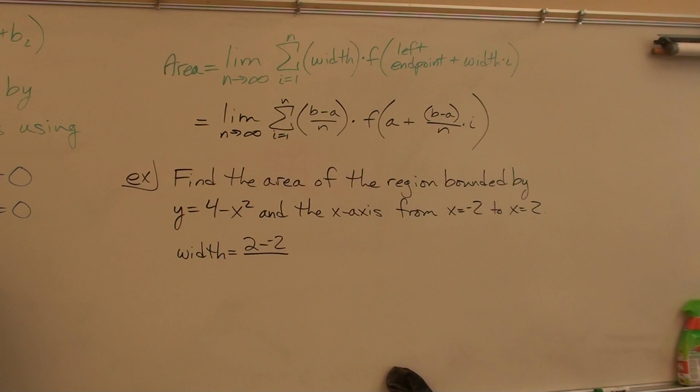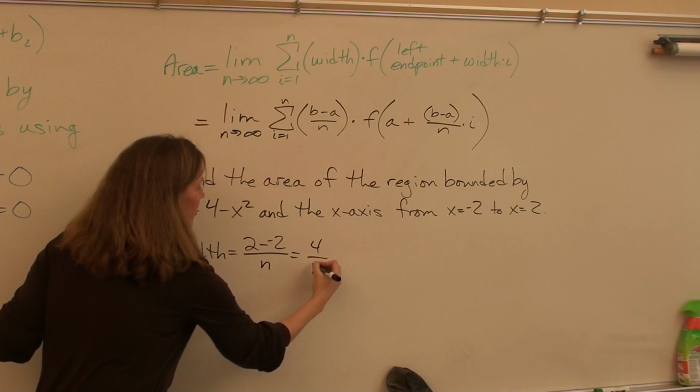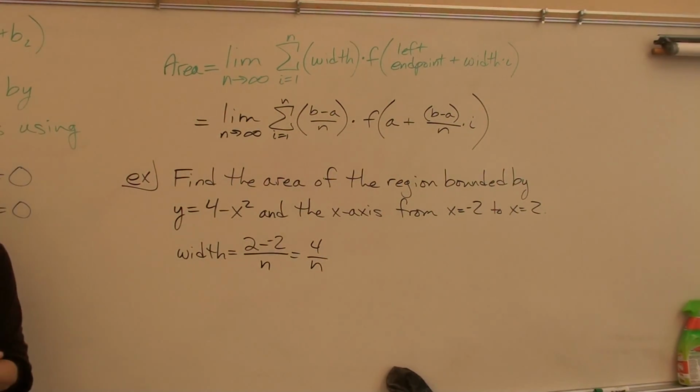Do we know n? They didn't tell us an n. Why didn't they tell us an n? Because n is approaching infinity, right? So for these problems, n stays n. So your width is just going to be 4 over n. N stays n on exact area problems. So you can't plug in infinity and then assume the answer.